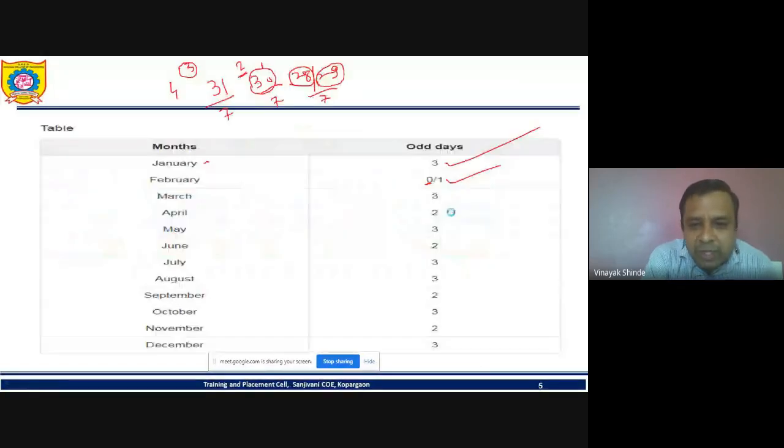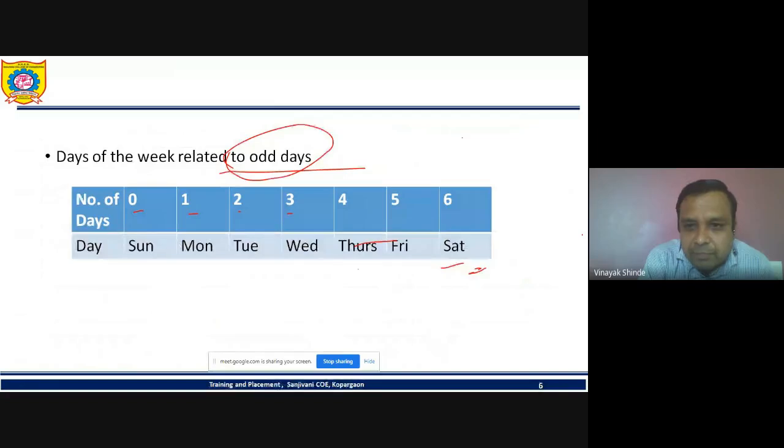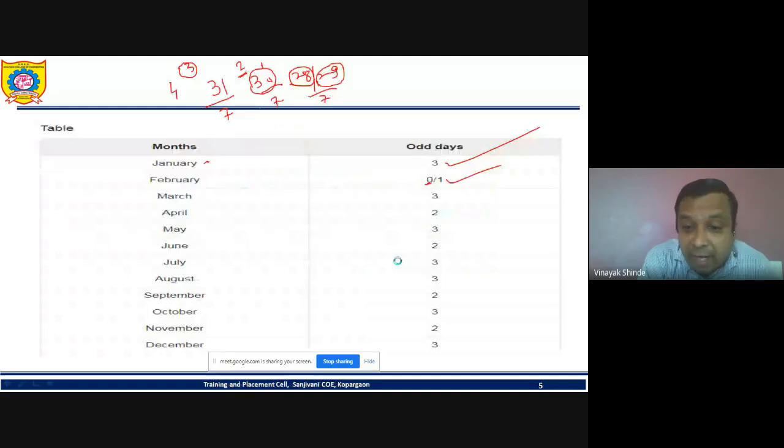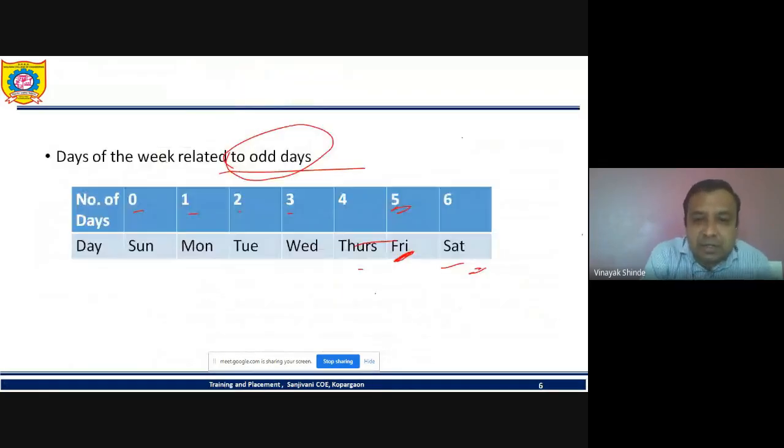Okay. So if you observe here, in 100 years, 5 odd days are there. What is the fifth day? It is a Friday. So the last day of 100 years is a Friday. For 200 years, how many odd days are there? 3. So what is the third day?